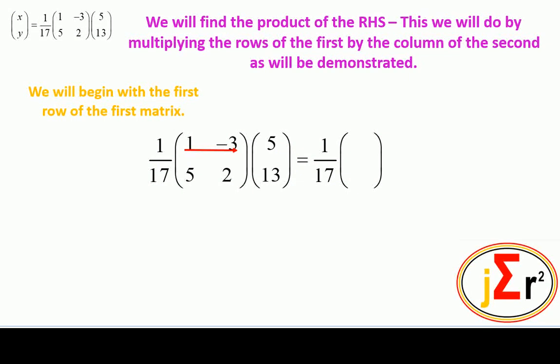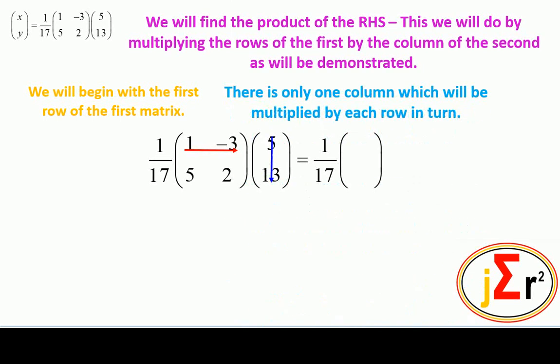We are just finding the product of the right-hand side. We have only a single column. There is only one column which will be multiplied by each row in turn. Row by column, and you will see that the first will multiply the first, the second will multiply the second.